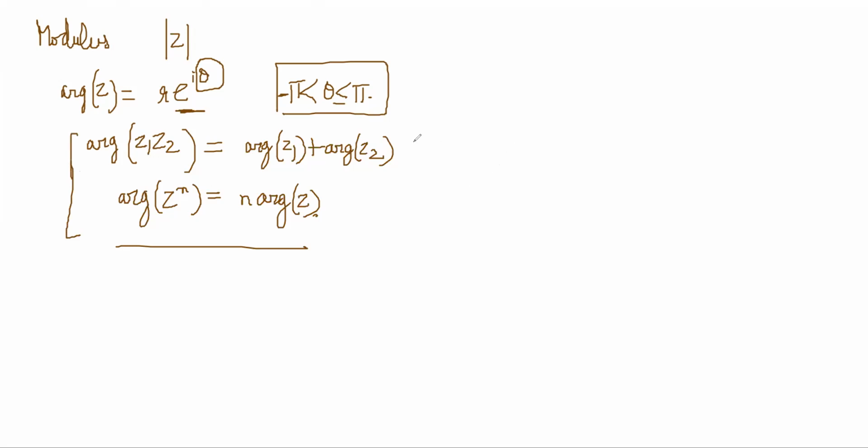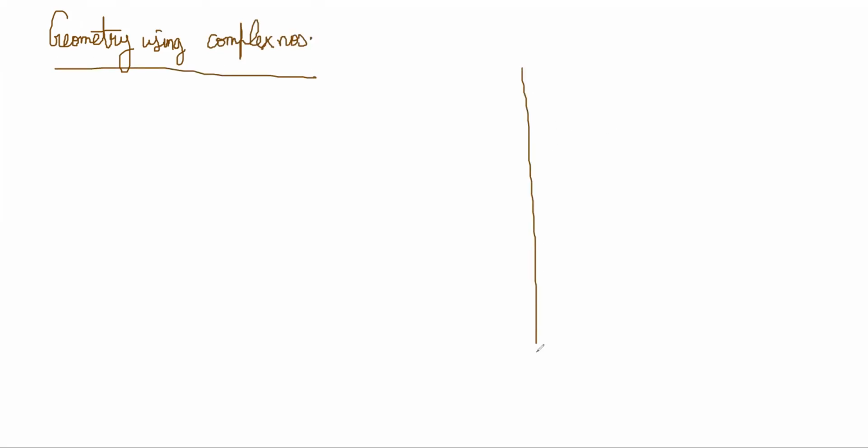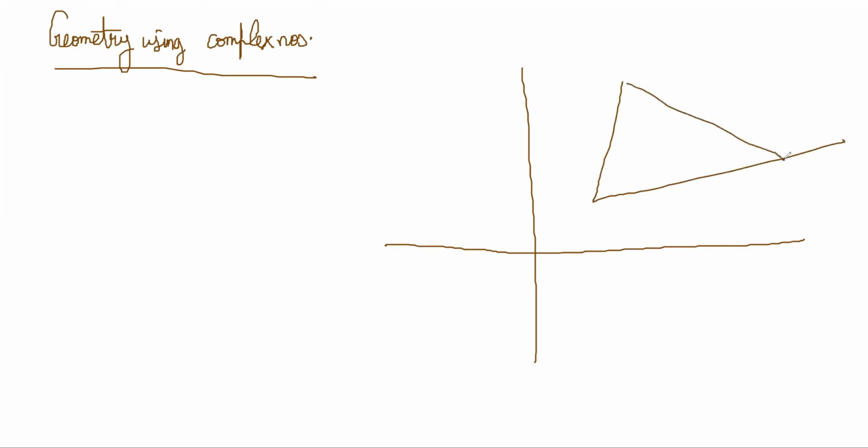So modulus and argument we have seen. Now let's discuss a little bit of geometry, geometry using complex numbers. What do we need for geometry basically? To do any geometry, what you need is an understanding of angles.